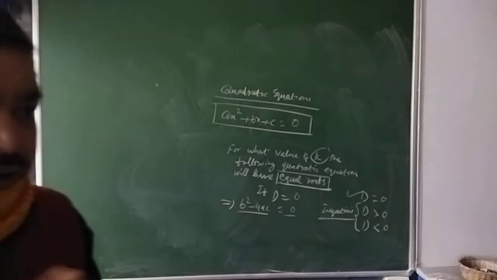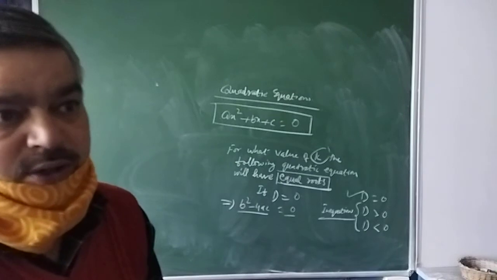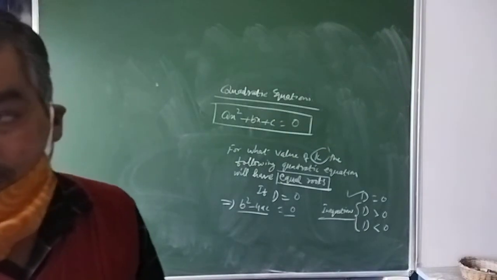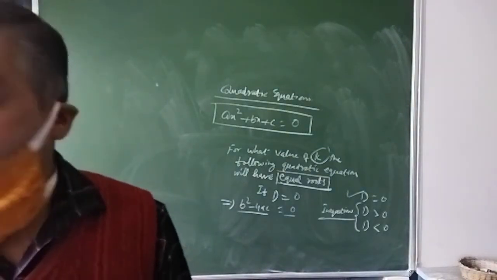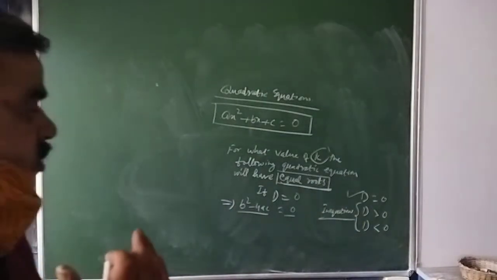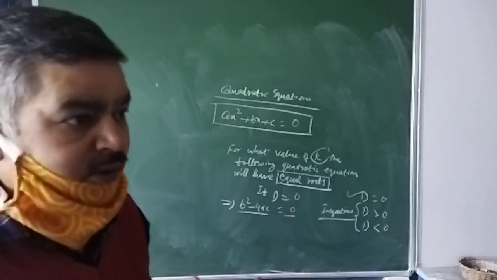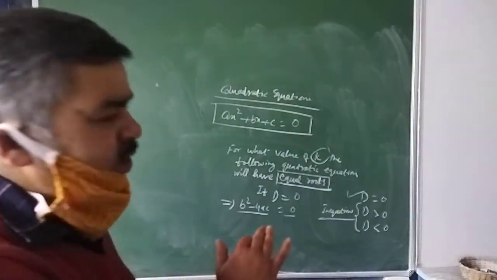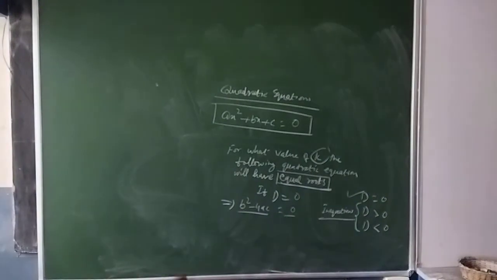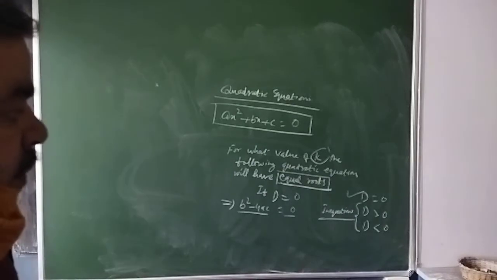Last but not least are the problem sums, which are part of all four exercises, 4.1 to 4.4. Please remember, whatever you have done in your chapter of linear equations in two variables, mostly those questions will be part of this chapter also, like two-digit number, age problem, distance and time problem.